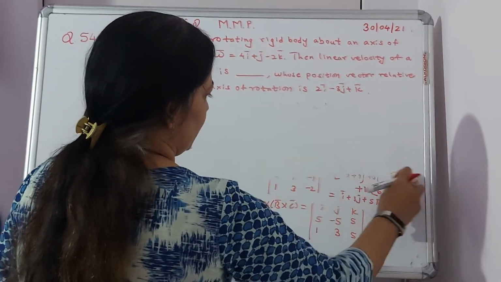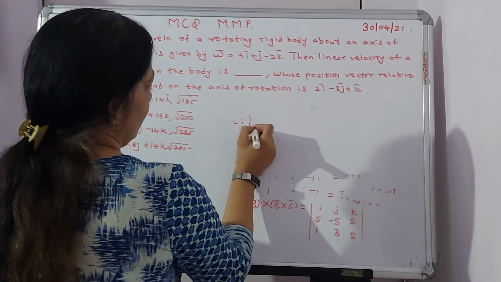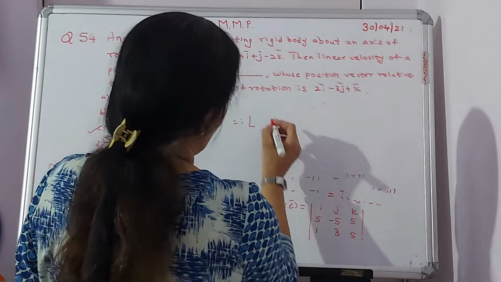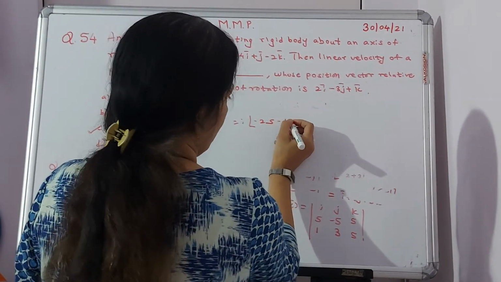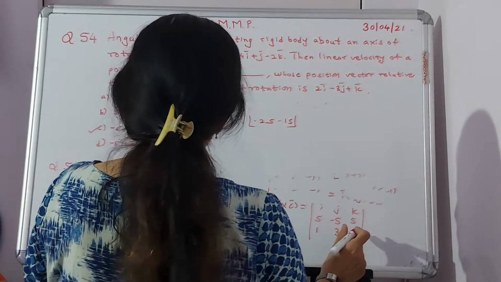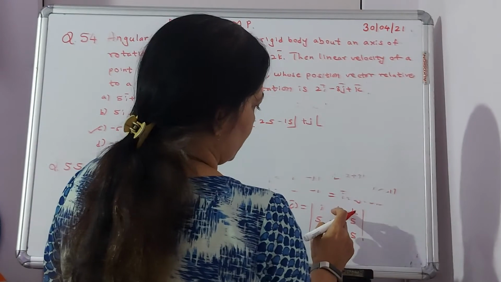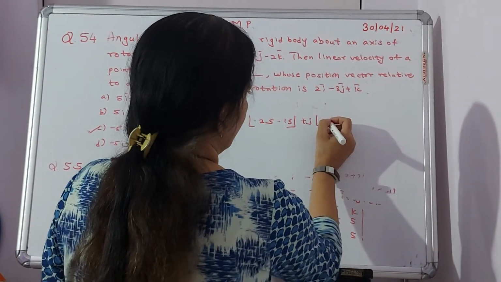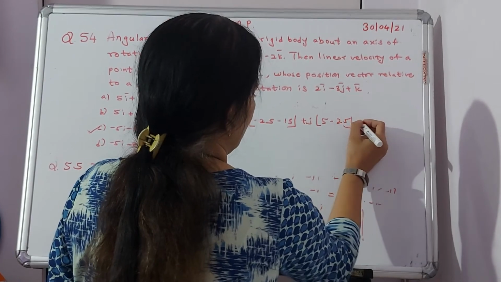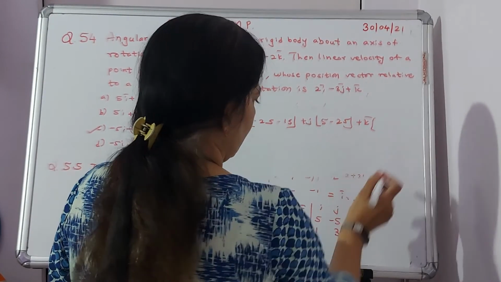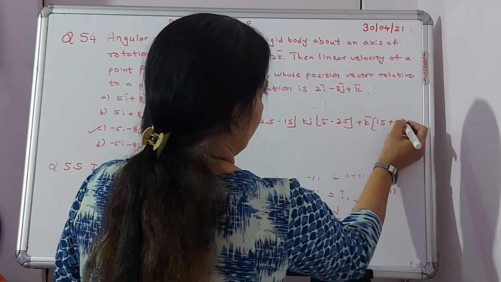I'll just rub this part. So it should be i inside the bracket minus 25, right, minus 15, fine. Then plus j will be 5, right, minus 25, and plus k, it should be 15 plus 5, right.